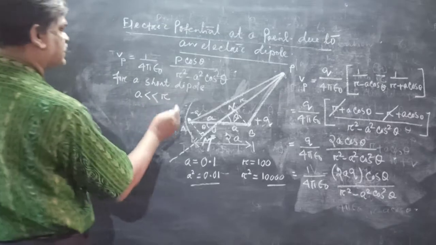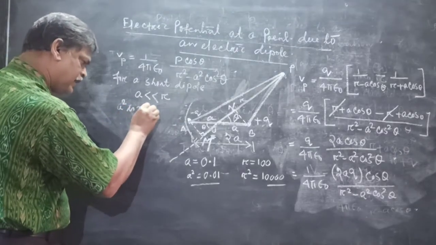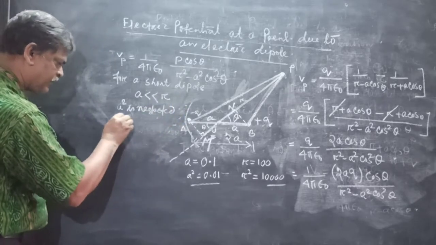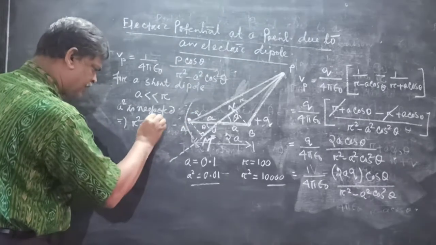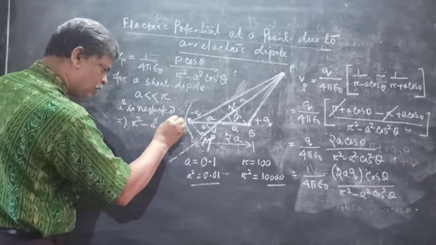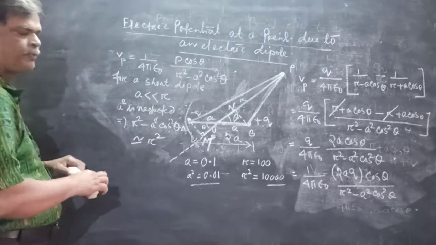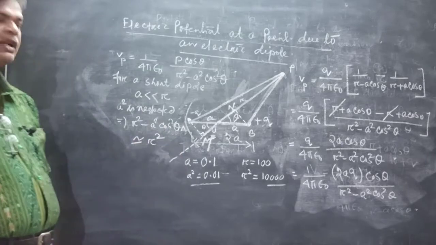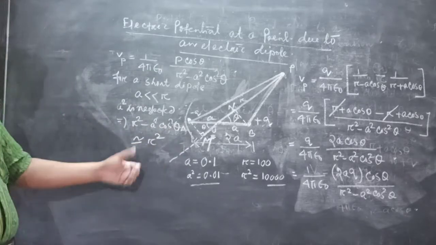As A is very small, A square is neglected. That implies R square minus A square cos square theta is nearly equal to R square. That A square is neglected, so this term is neglected.